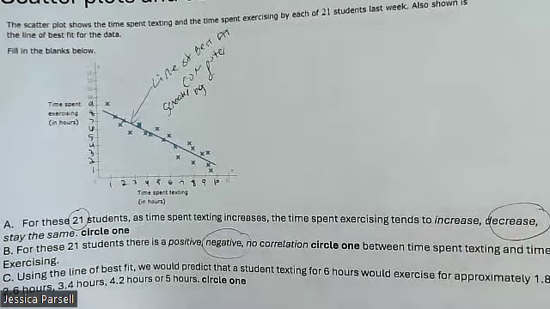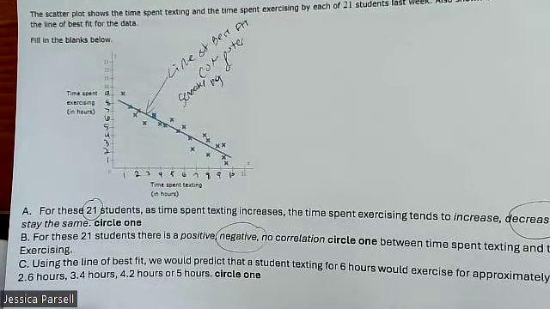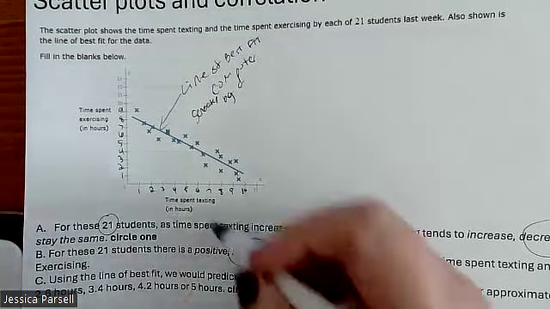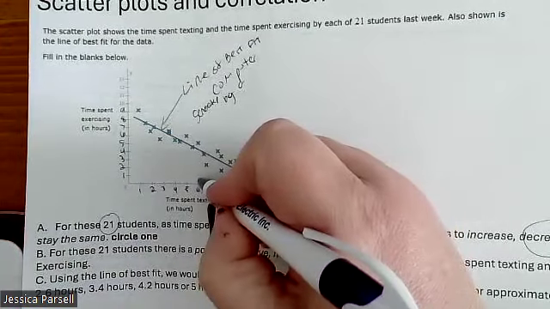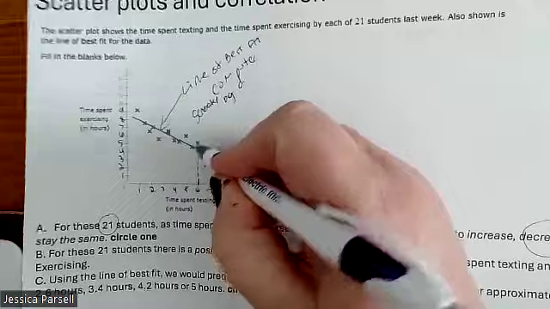Using the line of best fit, we would predict that a student texting for 6 hours would exercise for approximately 1.8 hours, 2.6, 3.4, 4.2, or 5 hours. Circle one. Let's get real close here. For a student texting for 6 hours, what could we predict? Let's come up here and see what the line of best fit would tell us.